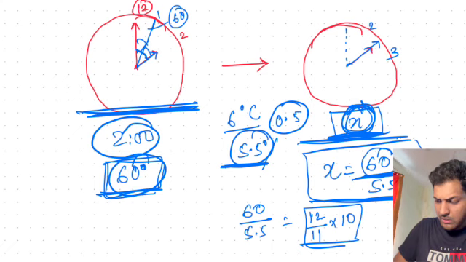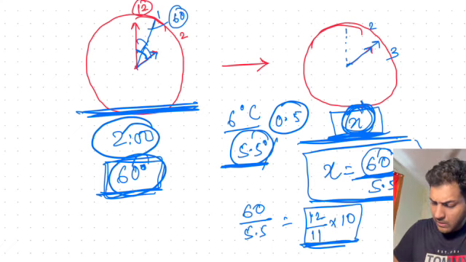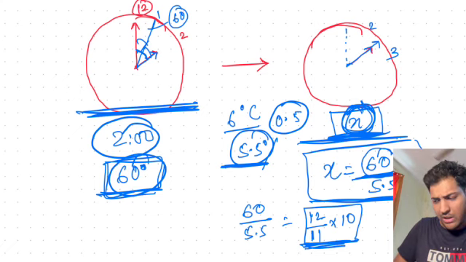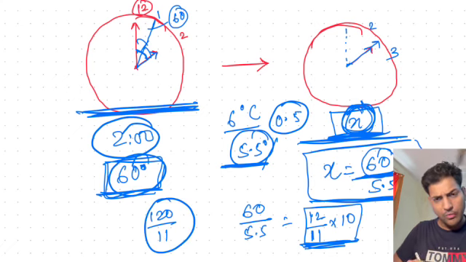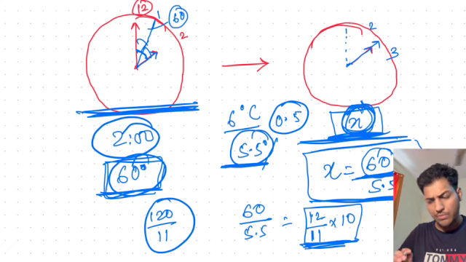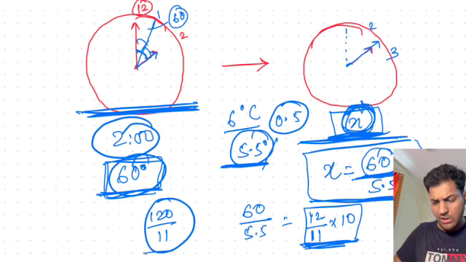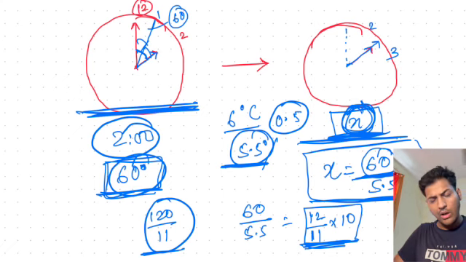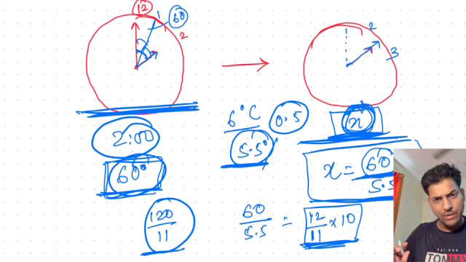So that means if you see, a little more than 10 minutes, 120 by 11 minutes, that means a little more than 10 minutes, somewhere after 10 minutes, which is less than 11 minutes, somewhere they will coincide.